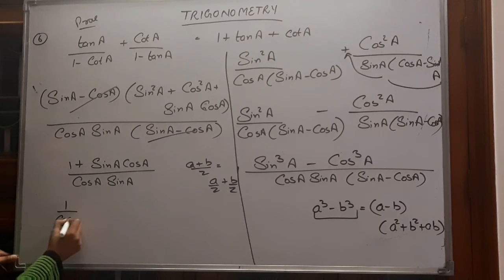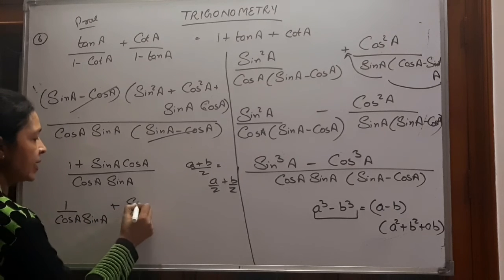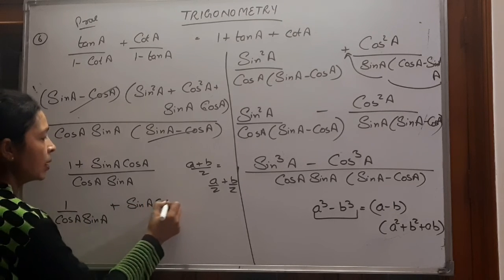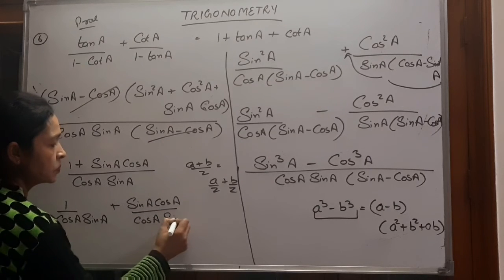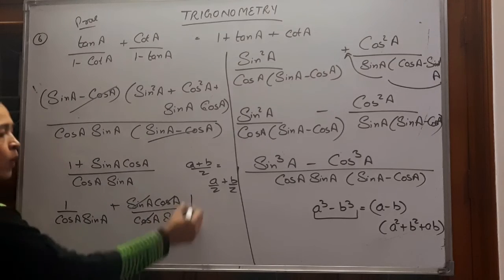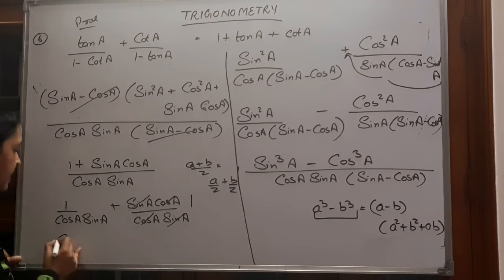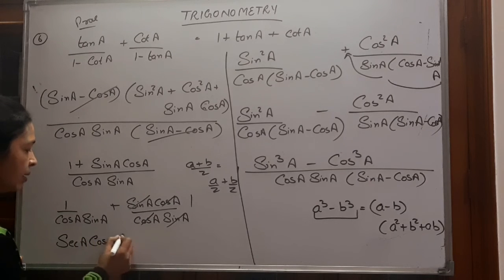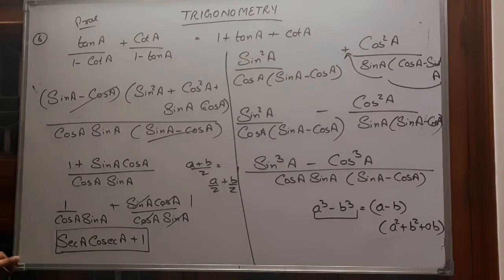We have 1 upon cos a sin a plus sin a cos a upon cos a sin a. Cos a cancel, sin a cancel. What is left? 1, not 0. What is 1 upon cos a? Sec a. 1 upon sin a is cosec a. So we get cosec a sec a plus 1. This is the answer we get.